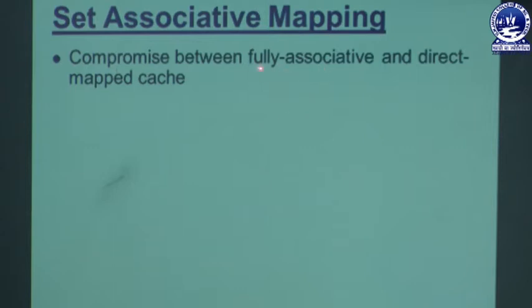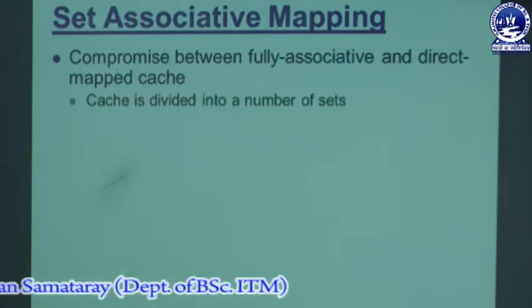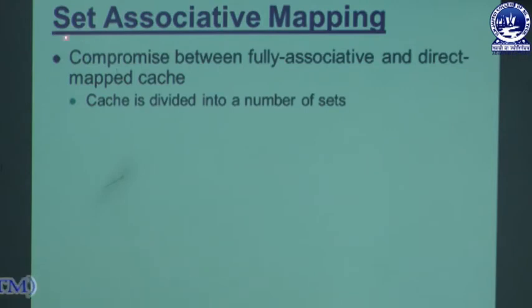Fully associative means it is similar to associative mapping; you can call associative mapping fully associative mapping. Next, the cache is divided into a number of sets. As the name says, set associative mapping means associative mapping with sets of lines. So the cache is divided into a number of sets, and each set contains a number of lines.